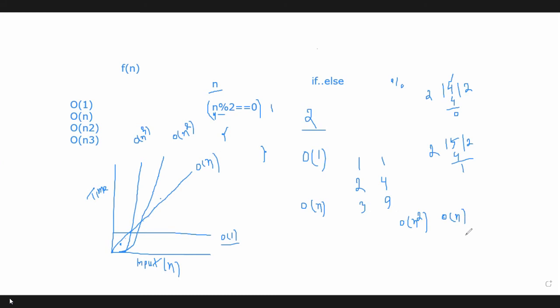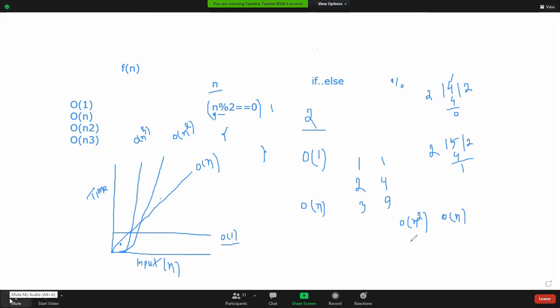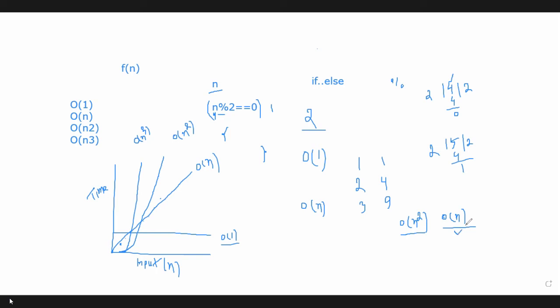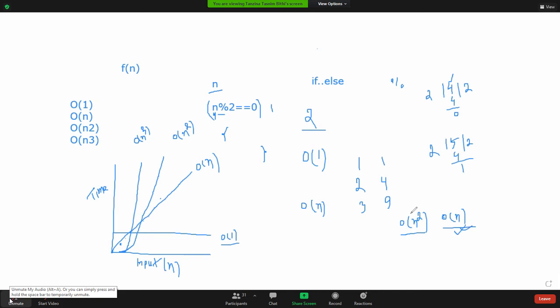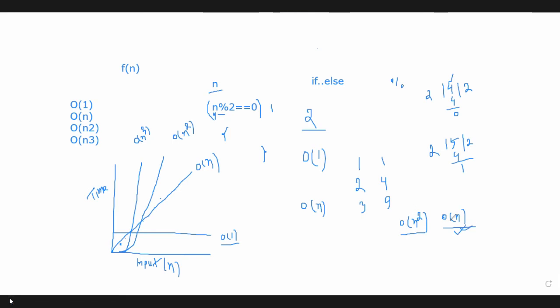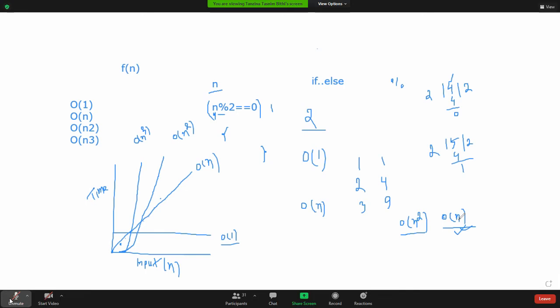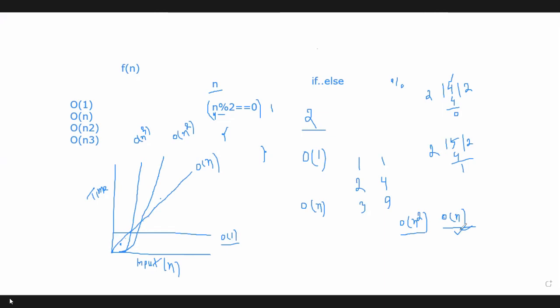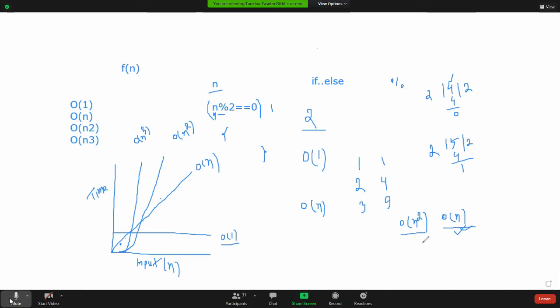For solving one problem, we have 2 solutions, one with complexity order of n square, another with complexity order of n. So which one will you take? Obviously order of n, because the growth of order of n square is higher than order of n. And which algorithm will be the efficient one? Obviously order of n, because its growth rate is lower than the growth rate of order of n square. Clear? So in this way we can find out the time complexity.